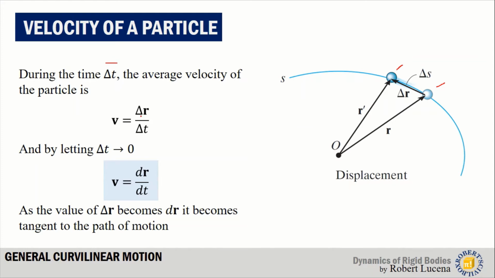So if you reduce delta r to approximately 0, this will touch only the path of motion once, so this will again be tangent to the path of motion. So this is not the instantaneous velocity, and this one is the instantaneous velocity.